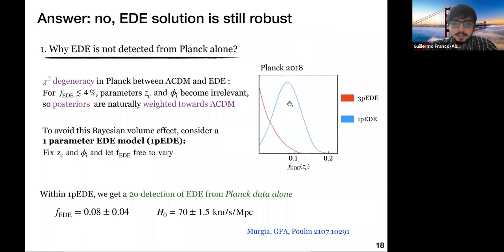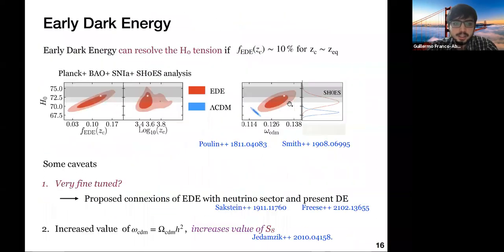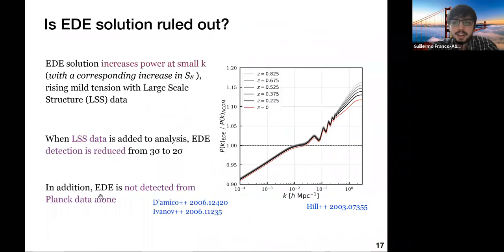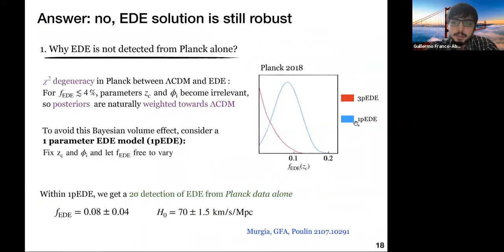We let them vary and constrain them with the data. In the 1P, we are fixing two of these parameters to some fiducial values, and we let only the fraction of early dark energy be a free parameter.